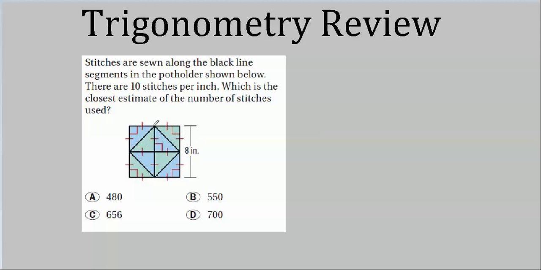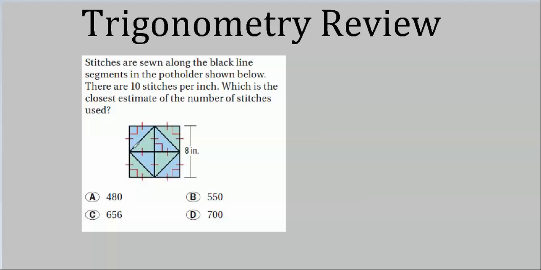hypotenuses, this segment here is congruent to this segment here, and this is just half of the 8-inch segment. So this is 4 inches, this is 4 inches. What do we have? An isosceles right triangle.